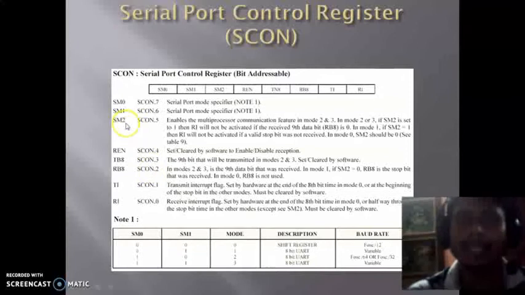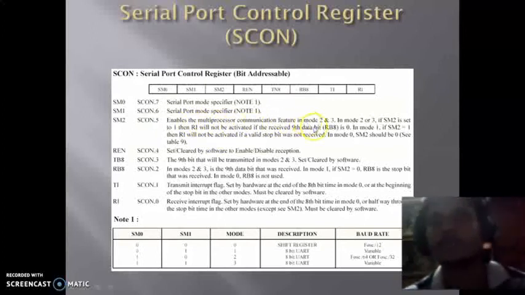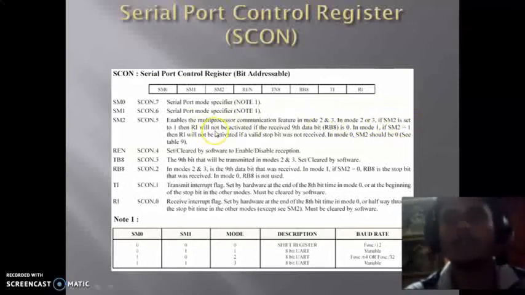And here the SM2, that is SCON.5 bit, enables the multiprocessor communication feature in mode 2 and mode 3. In mode 2 or mode 3, if SM2 is set to 1, then RI will not be activated if the received 9th data bit, that is RB8, is 0.